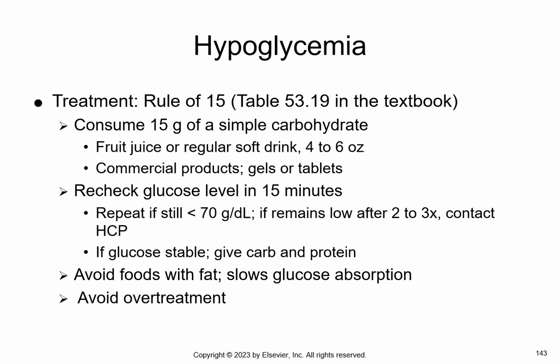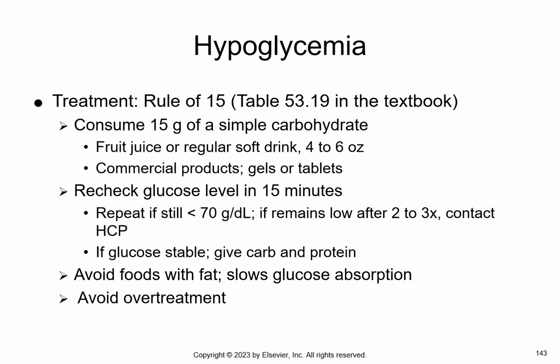The treatment rules. Follow the treatment rule of 15 to treat hypoglycemia. That's table 53.21. A glucose value less than 70 is treated by ingesting 15 to 20 grams of simple fast-acting carbohydrates like 4 to 6 ounces of fruit juice or a regular soft drink.